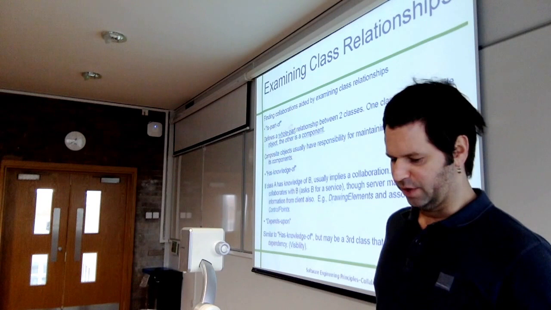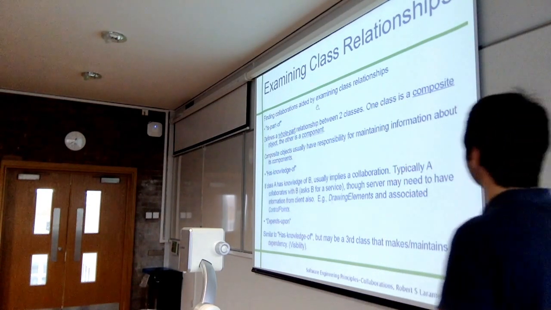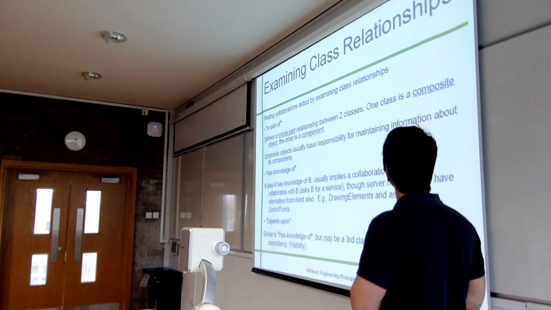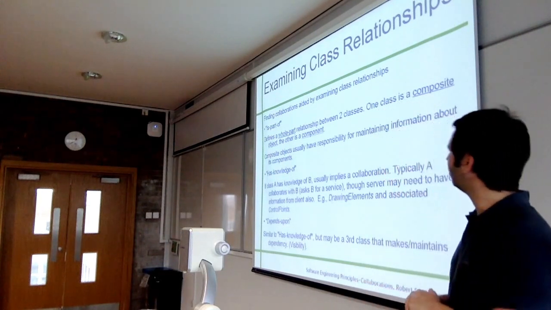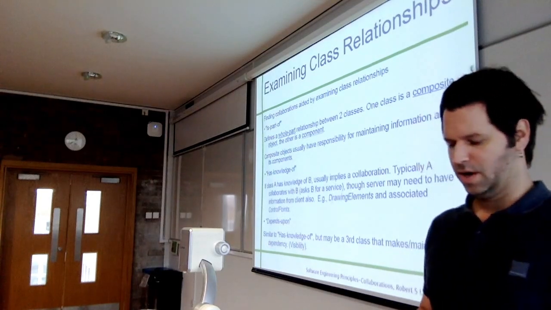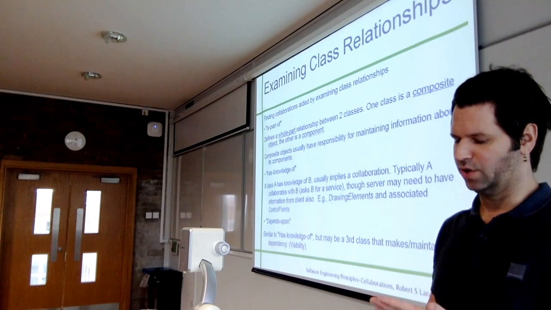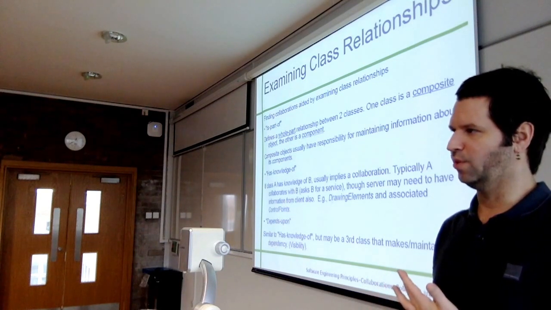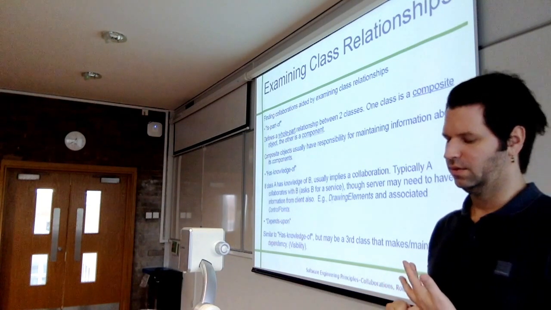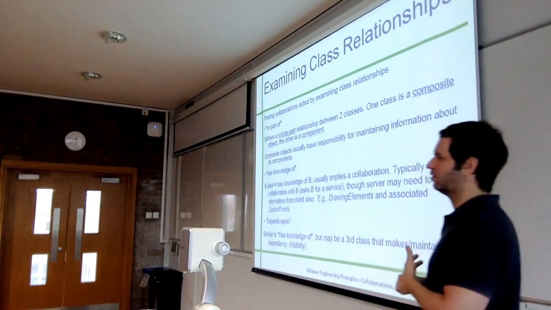The is part of relationship defines a whole-part relationship between two classes. One class is a composite object, the other is a component. So in the hand and fingers example, the hand is the composite object and the fingers are components. You'll hear me use that term a lot, composite objects.